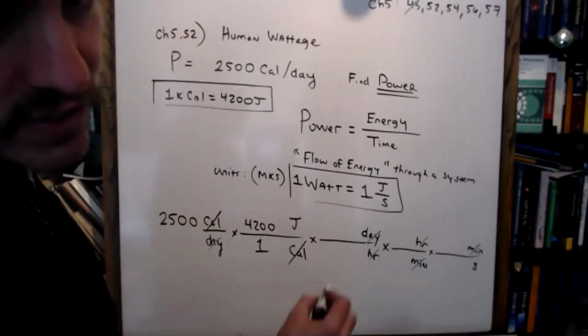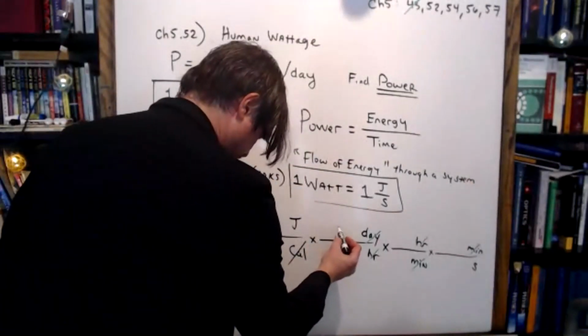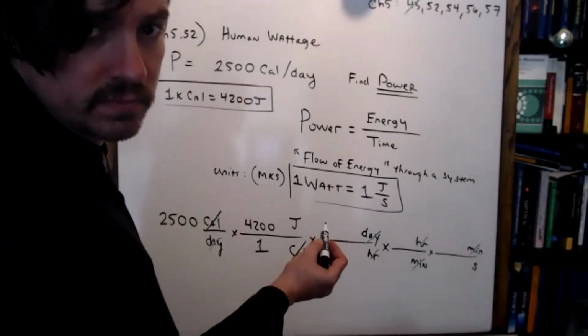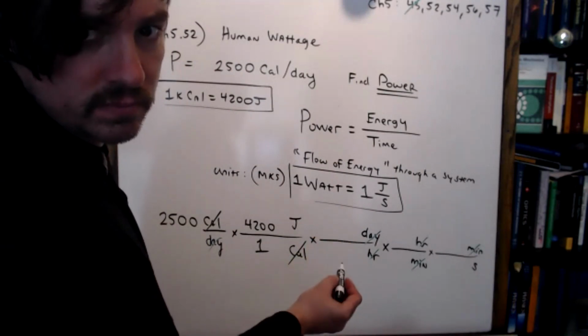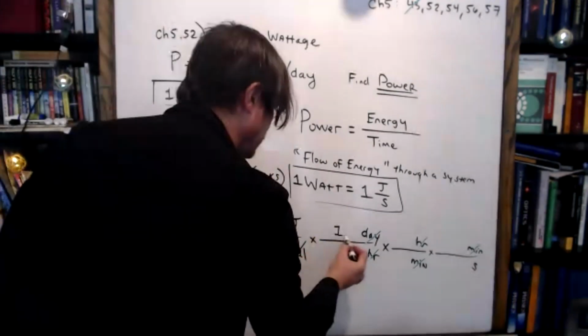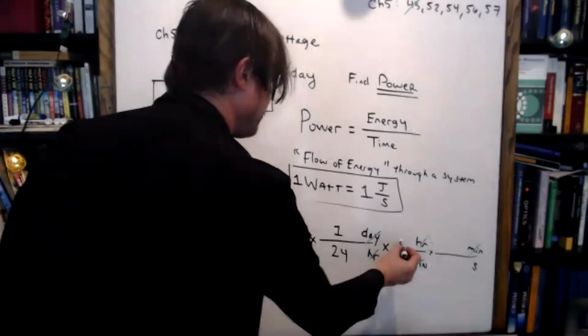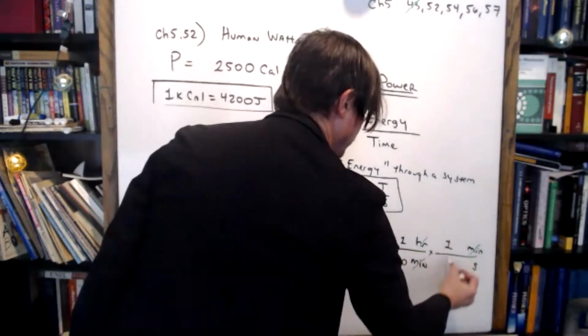Yep, so now we can do all the conversions here. One up top, 24 on the bottom. Keep going. Oh, 1 on top and 60 on the bottom, and then 1 and 60 again. 1 over 60.